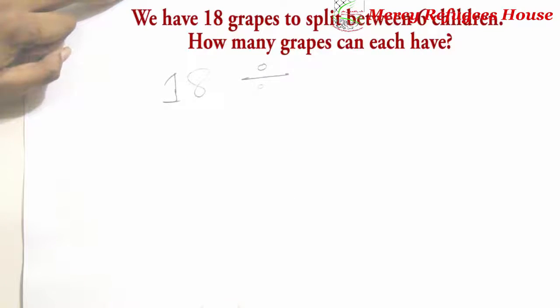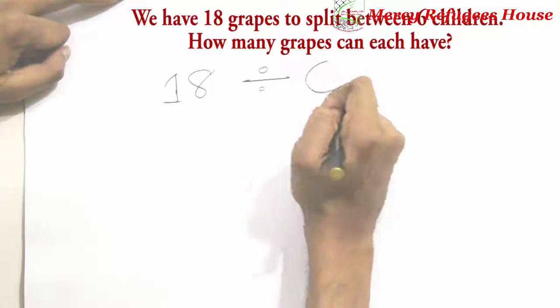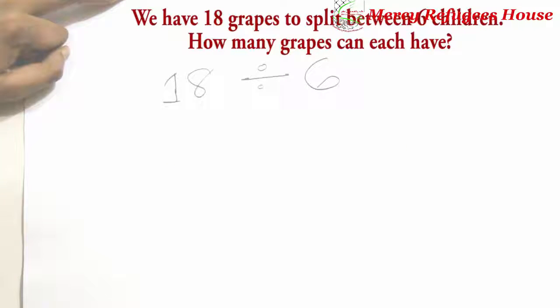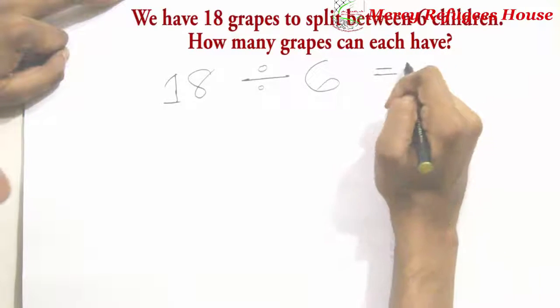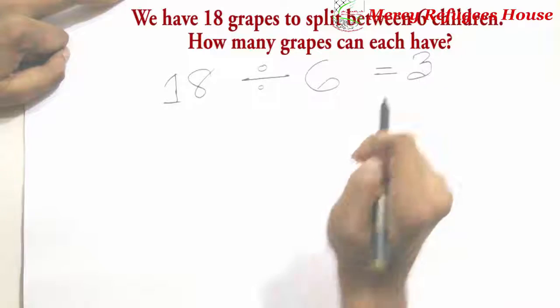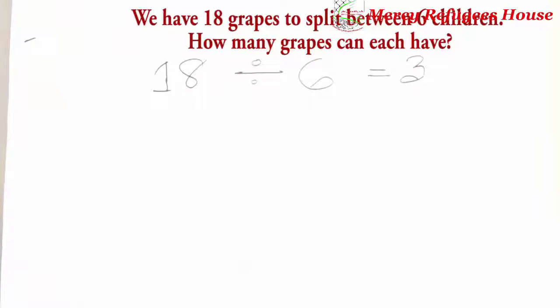We want to divide among 6 people, right? So what should be the answer? We should find out that we could distribute 3 grapes to each person.